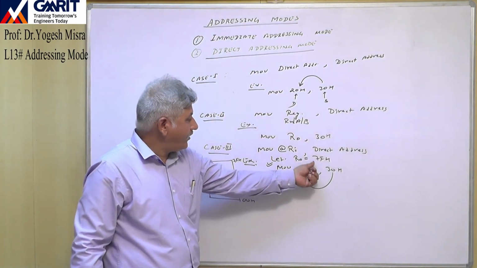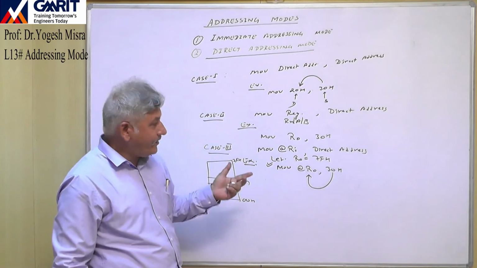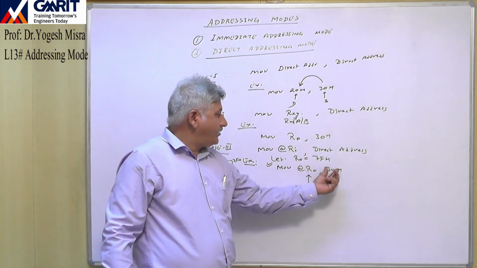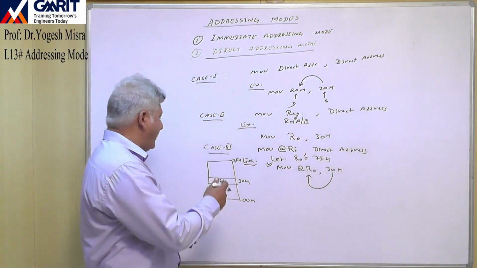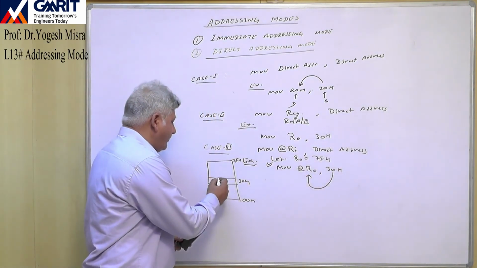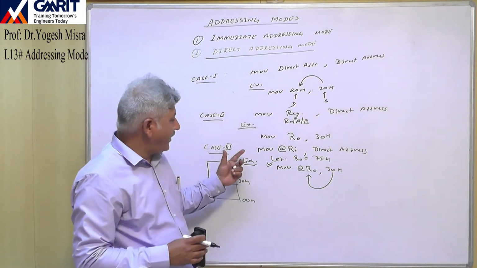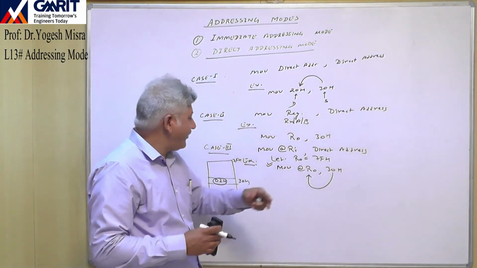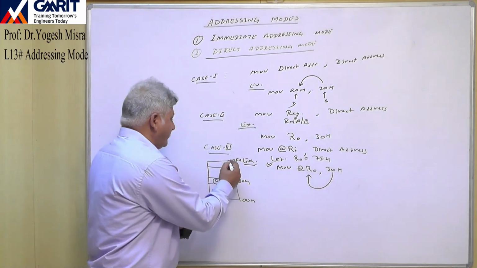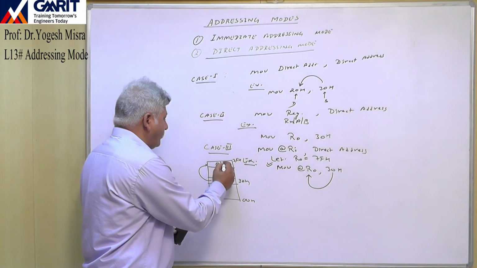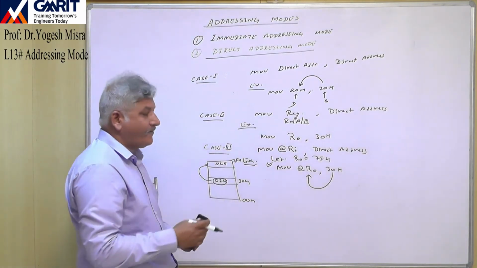So now the content of R0 will become the address. So at this address we are having this data. This data will be moved in internal RAM at address 7FH. So 7FH is this address. So here at this address, this data 02H will be moved.